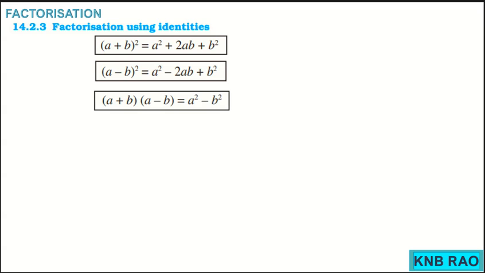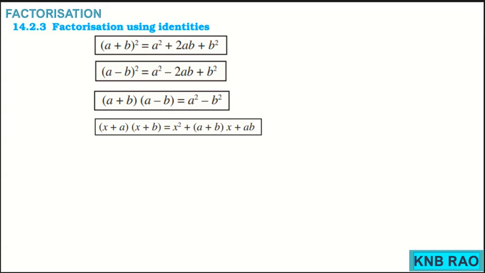And the summarization of these three standard algebraic identities can be taken in one form, called x plus a into x plus b, which is equal to x square plus a plus b times x plus ab.